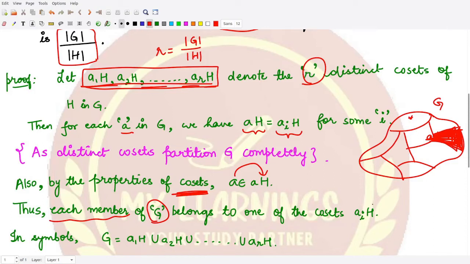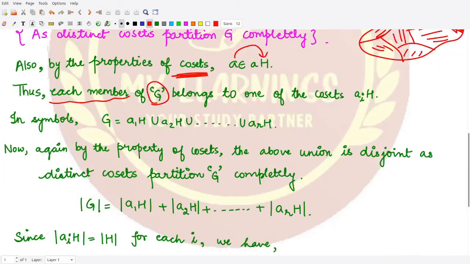In symbols, we have divided this G into distinct cosets. So we can write G as the union of A1H, A2H up to ARH.